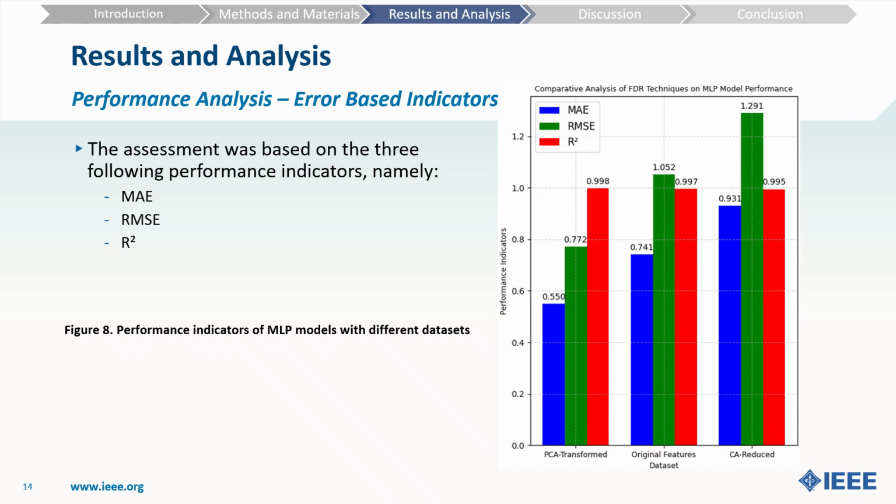The original feature dataset performs slightly worse with a higher MAE and MSE, but it still retains a strong coefficient of determination score with 0.99. The correlation analysis reduced dataset demonstrates the weakest performance despite having a relatively high coefficient of determination. Overall, the PCA transformed dataset is the most effective choice for improving model accuracy and reducing errors.